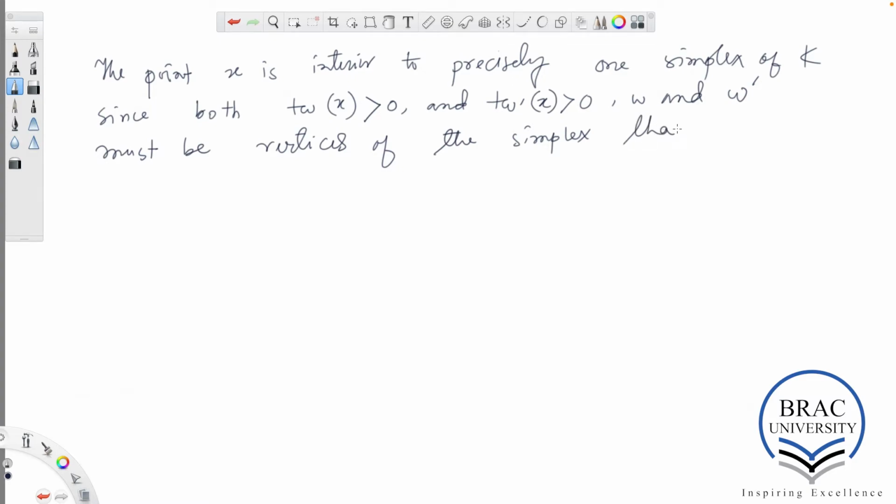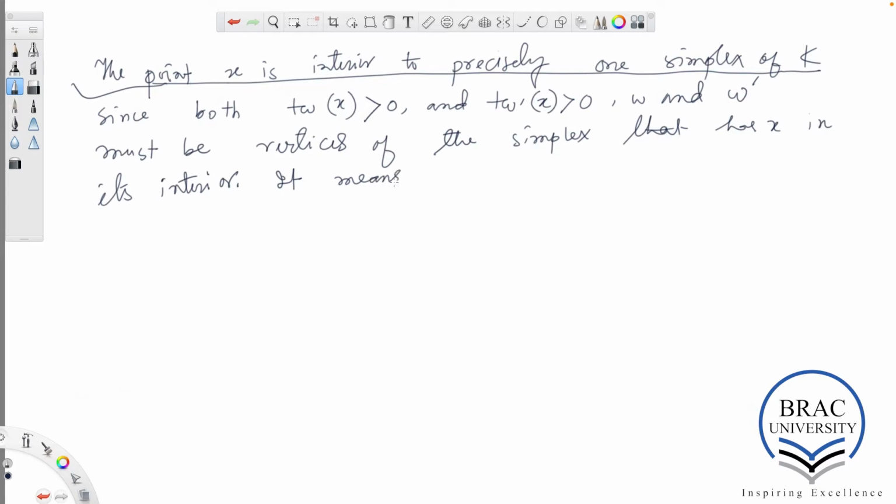that has x, because this is the unique simplex that has x in its interior. Okay, it means that w prime must be a one simplex, right?